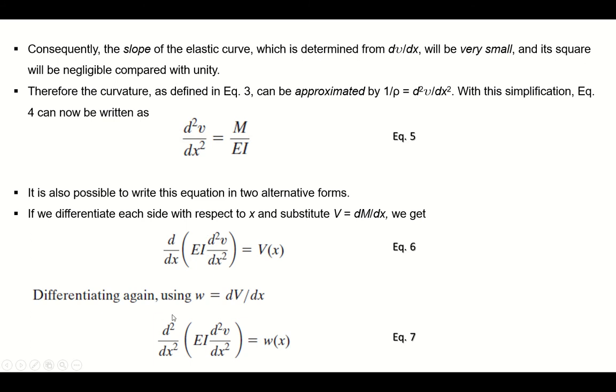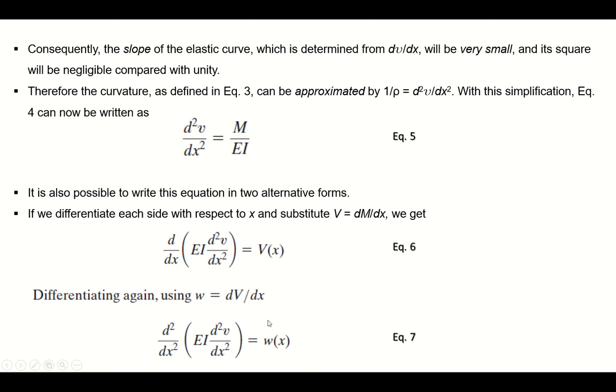Again differentiating this shear force equation gives the load equation. So we are again differentiating this whole equation with respect to x: d square over dx square of EI times d square mu by dx square, and this will be equal to the load equation.